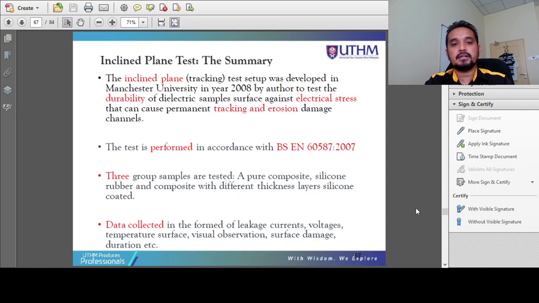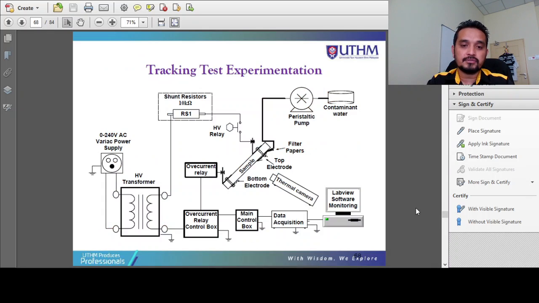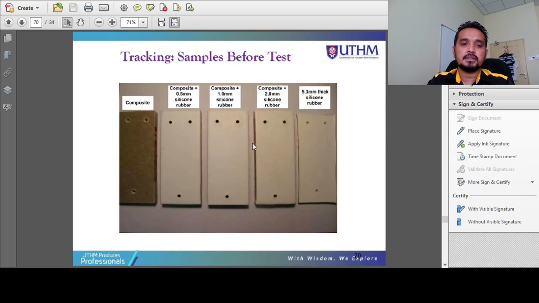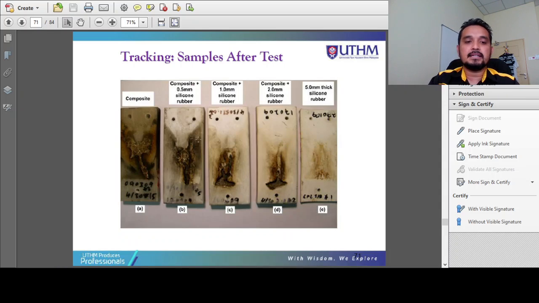You can see here he provides very detailed explanations of how he set up the experiment. You can read the experimental setup yourself, and this is the arrangement, and we have the silicone rubber here. This is the sample before we start the experiment, and this is the result after we run the experiment. So we can see the tracking.